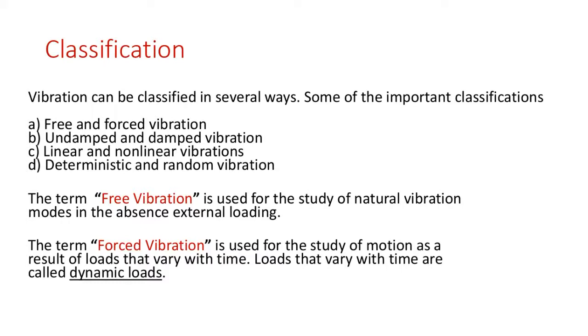Okay. So we will talk briefly about the classification of vibrations. The first classification is free and forced vibration. Free vibration is when you have vibration without any forcing. You have something like this.